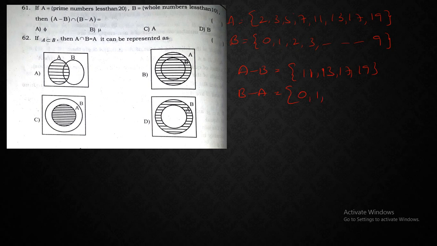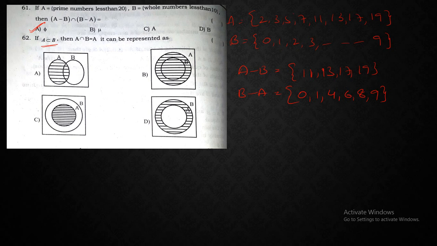So what am I going to get? 0, 1, 4. So 5 will be gone. 6, 7, sorry, 7 won't be there, 8 and 9. Now A minus B intersection B minus A. Is there anything that is common between these two? There is nothing common, so hence it is empty set.